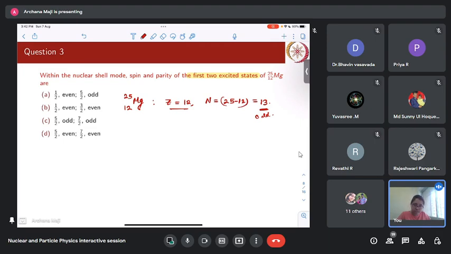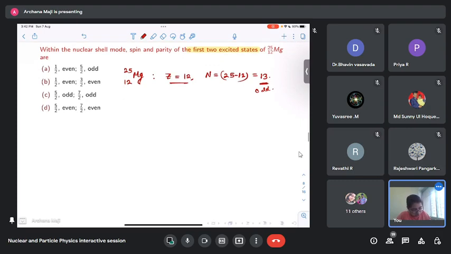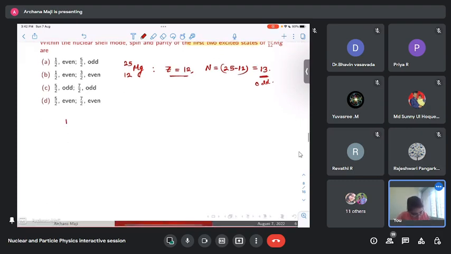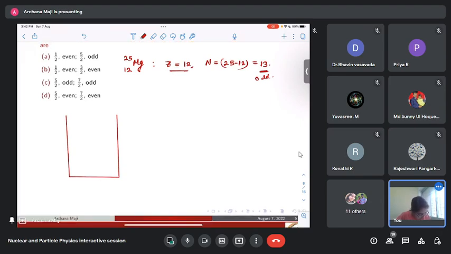In order to draw the excited states, let us first draw the ground state configuration. We need to accommodate 13 neutrons within these nuclear shells. 1s half has 2, 1p 3 half has 4, then 1p half contains 2, then 1d 5 half, so 5 neutrons will be in this state.